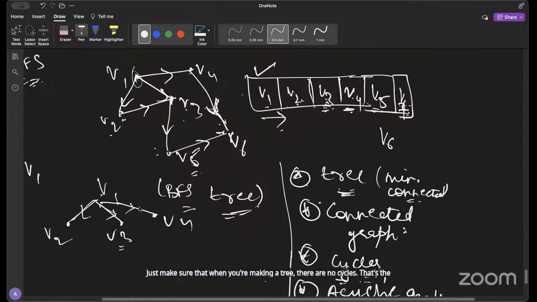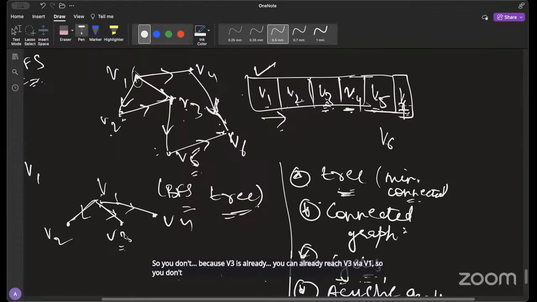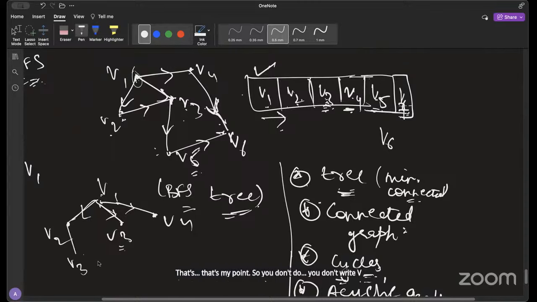That's the one rule that you follow in making trees. You need to avoid all the cycles. So V2 and V3 cannot be connected, because that would just be an extra edge here. Since you can already reach V3 via V1, you don't include V3 here, or you don't connect V3 with V2 here.